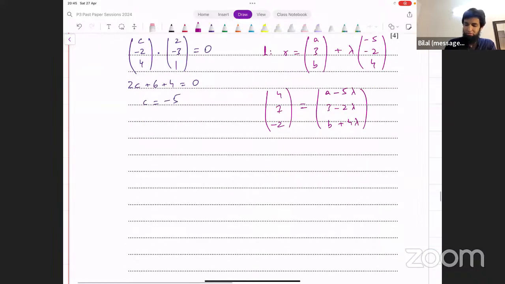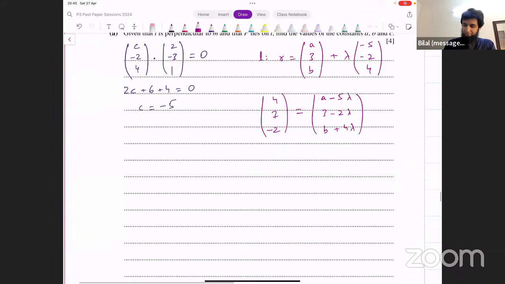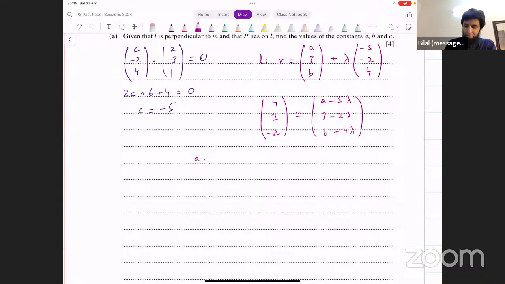Just equate them and see what that gives you. a minus 5 lambda equals 4. That's one equation. 3 minus 2 lambda equals 7. And b plus 4 lambda equals minus 2.